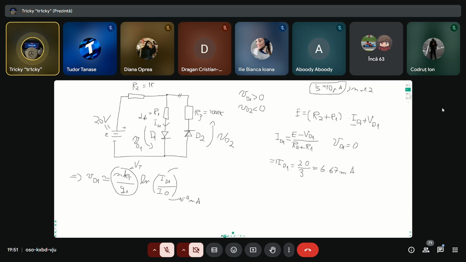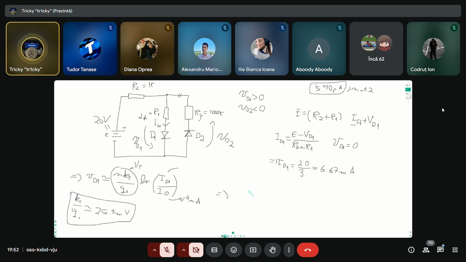So we know that N is equal to 1.2, and KT divided by Q is approximately equal to 25.9 millivolts. This is a constant, it is always going to be like this.